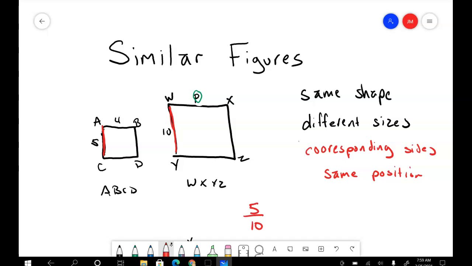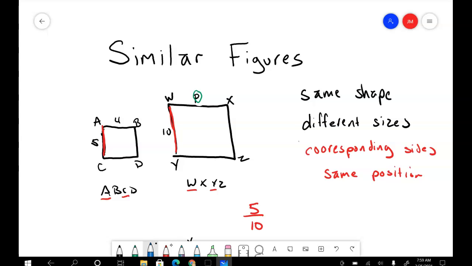Okay? I can also know that because when I write these letters out, A and C occupy the same position as W and Y, which means that line AC corresponds with line WY. All right?